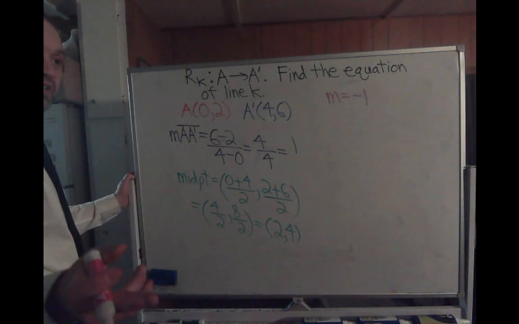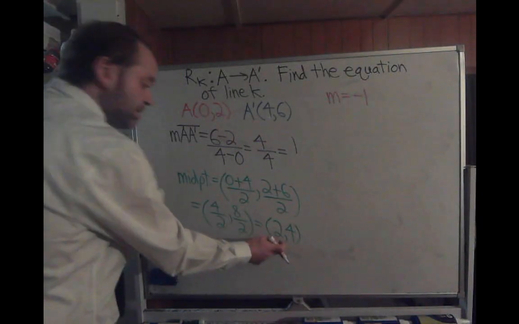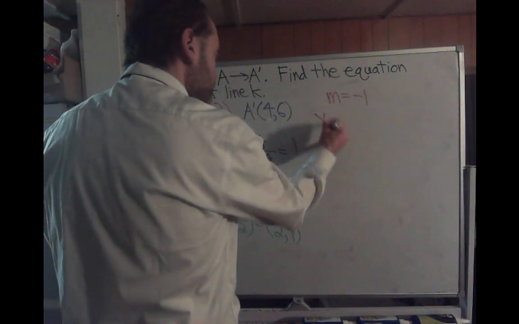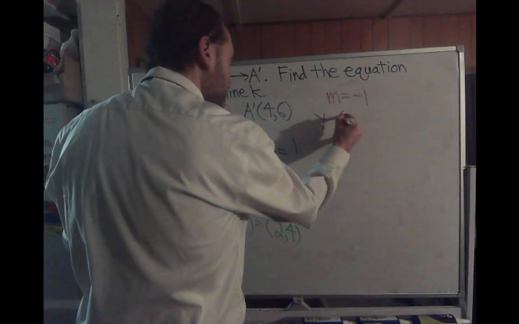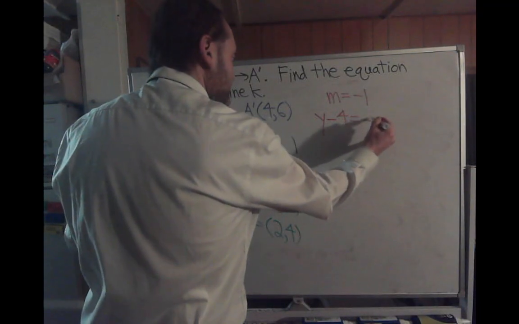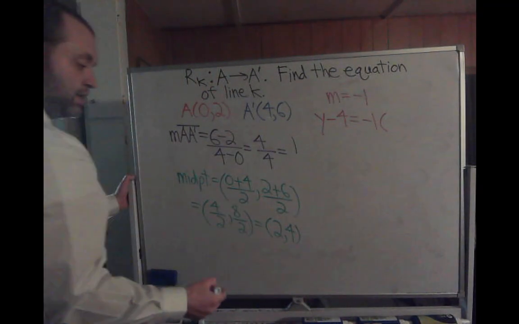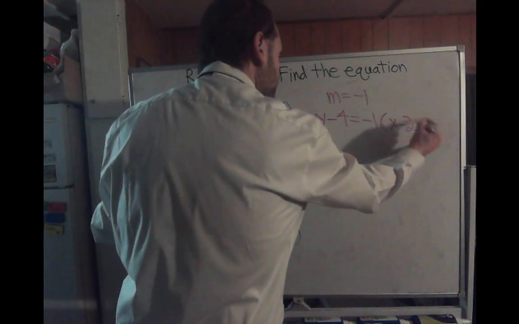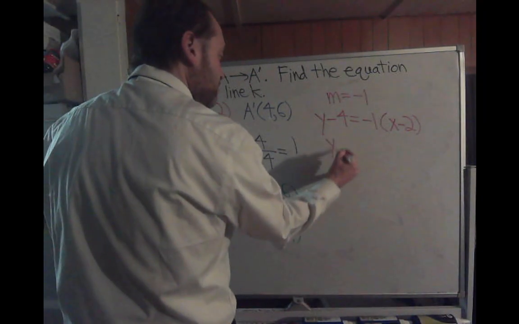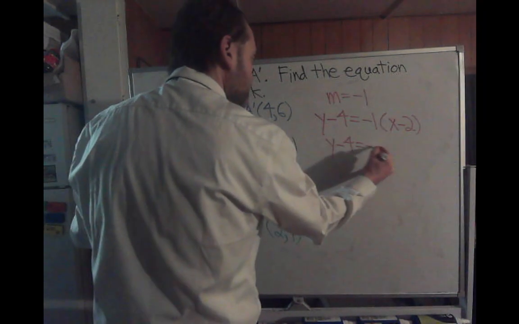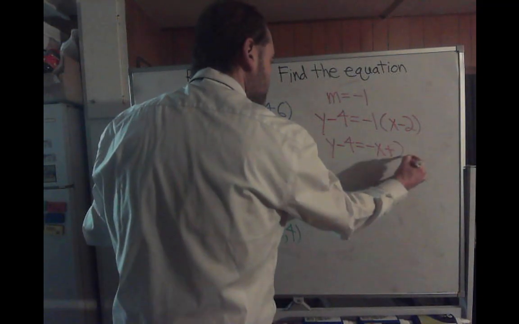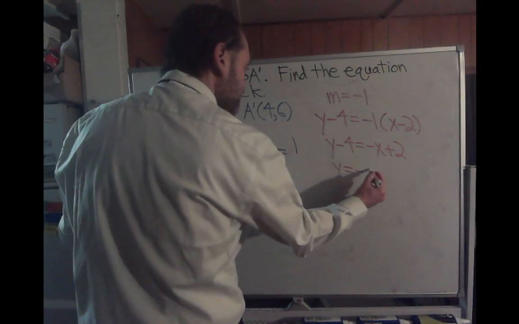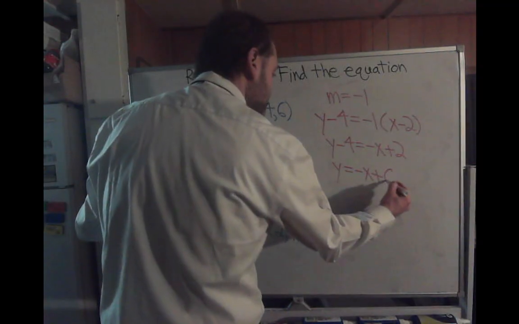So take that slope and then the midpoint and put those into the point slope form of the equation. So take your y minus 4, set that equal to negative 1 times x minus 2, which would end up giving you y minus 4 equals negative x plus 2, which would then give you that y equals negative x plus 6.